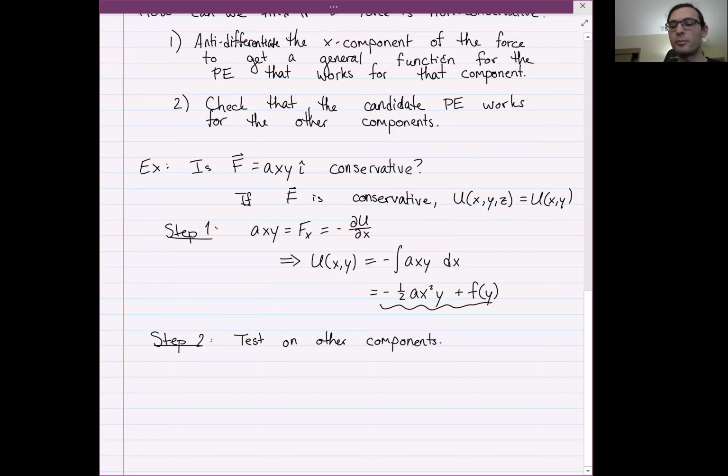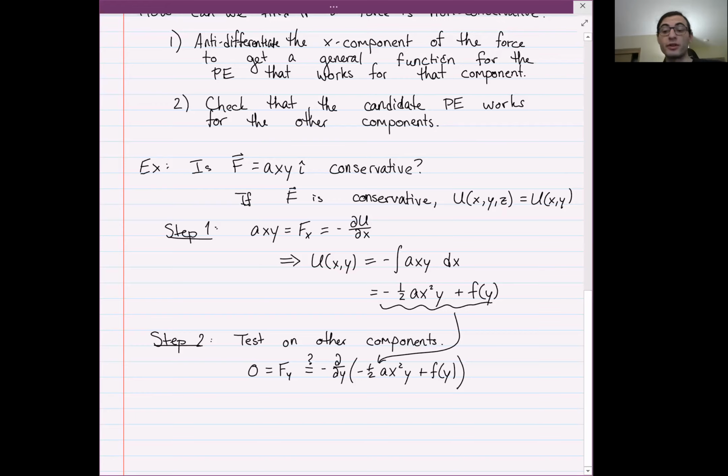All right, so we know that the y component is 0, right? And we're wondering whether this is equal to the negative partial derivative of our candidate, negative 1/2 ax squared y plus f of y.